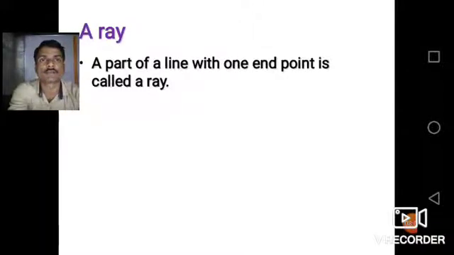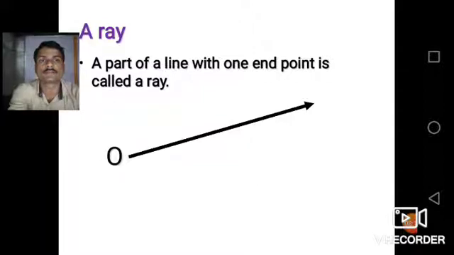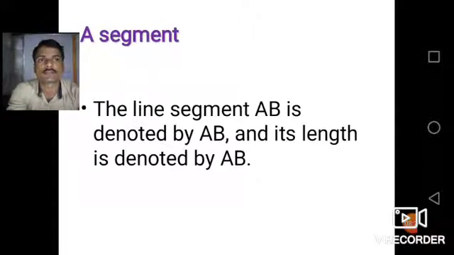A ray is nothing but a part of a line with one endpoint, which is called the origin, and another point denotes the path of the ray, the direction of the ray. A segment is nothing but a limited part of the line.